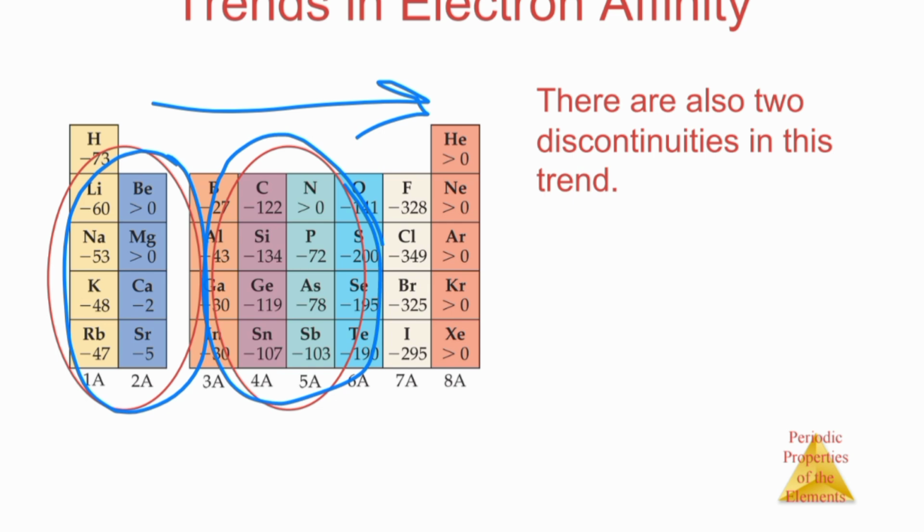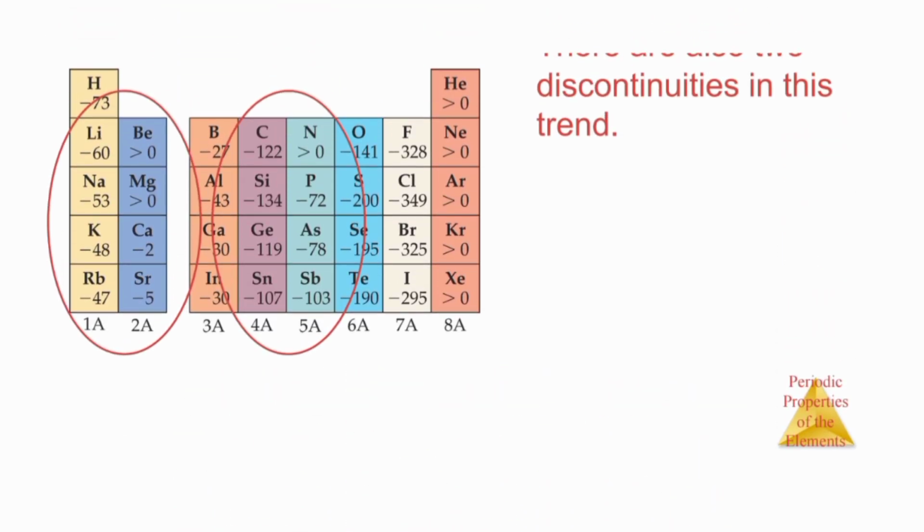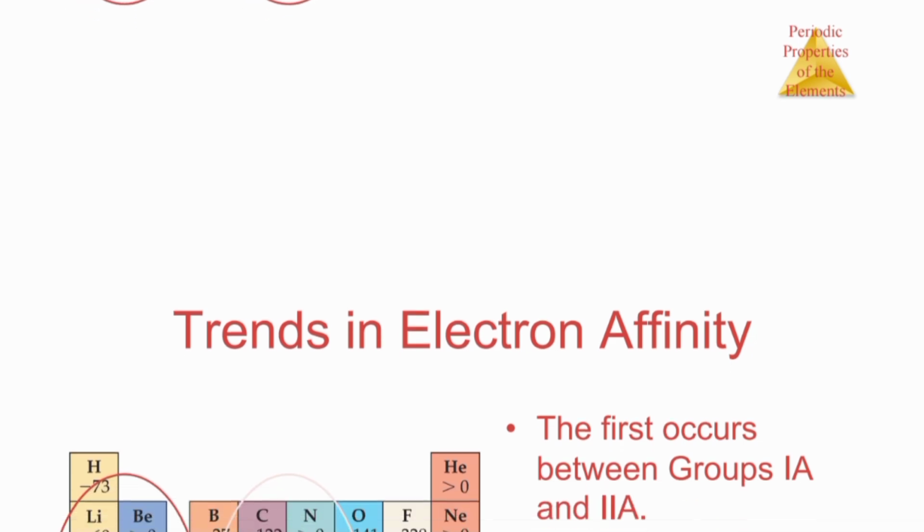But you can see here beryllium and boron, and also carbon, have exceptions. Remember these exceptions in the electron affinities.